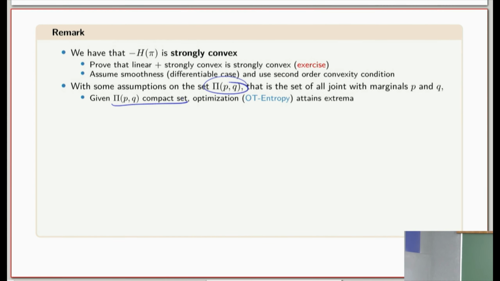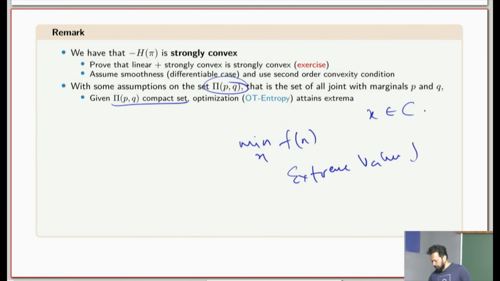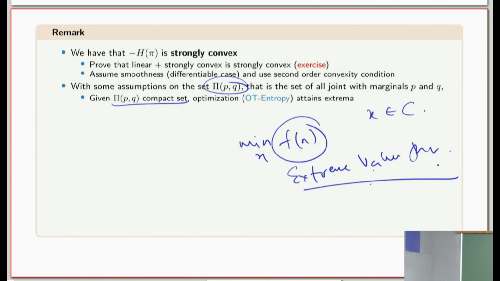From the compactness argument we saw in the previous class, it is guaranteed if I minimize f(x) over x, where x is coming from some compact set. By the extreme value theorem that we saw, a continuous function on a compact set attains its maximum and minimum. So we are going there basically. In our case, x is pi, and pi is coming from capital Pi, and if this space is given to be compact, and what we are minimizing here is strongly convex.